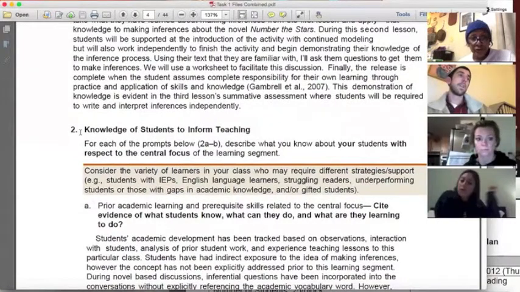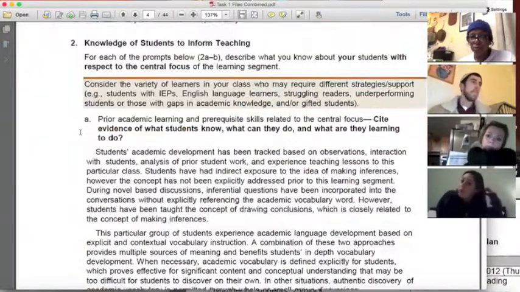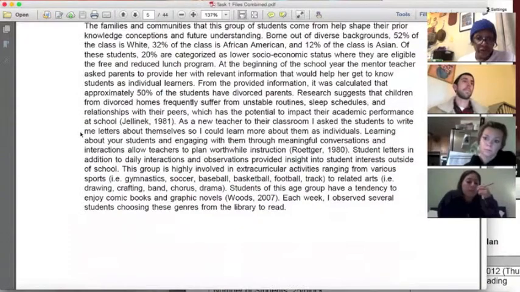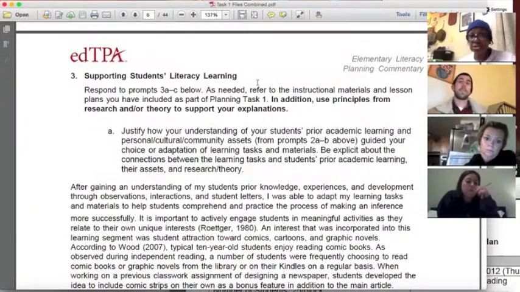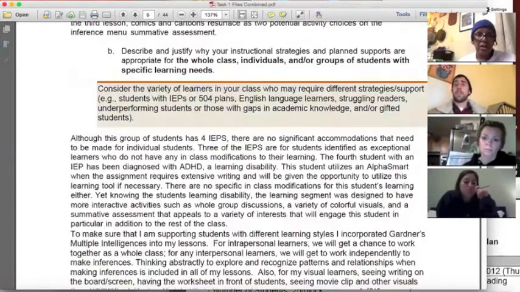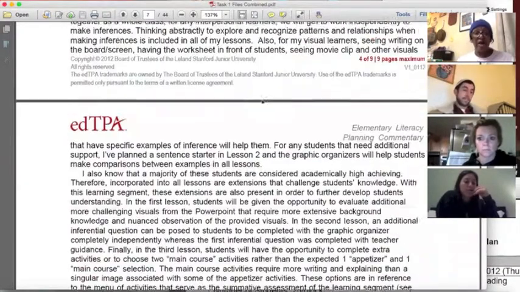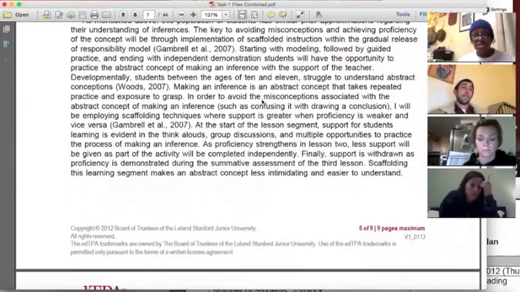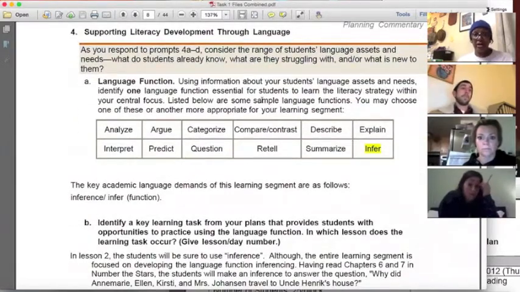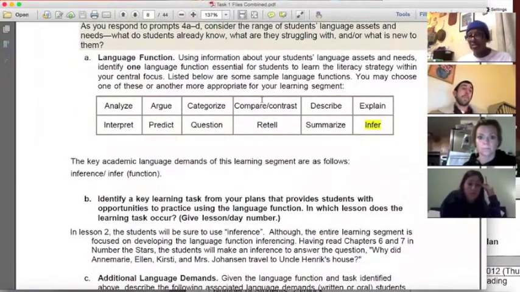Then, number 2, knowledge of students, just the rubrics. Now we're going into supporting students' literacy learning. Number 3, consider a variety of learners in your class who may require different strategy support, and then you have to talk about that. So this is the commentary, language functions.